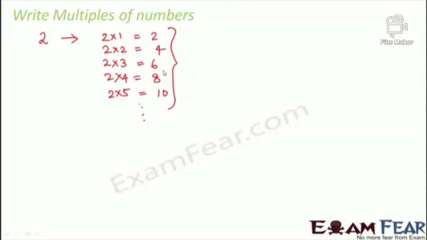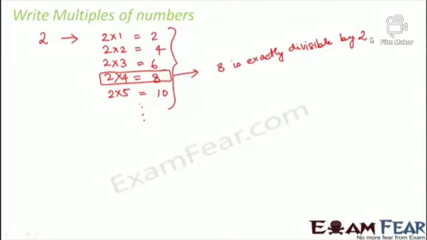Let us take any one example from this. Can you tell me who is a factor and who is a multiple and why? If you take this instance, this means that 8 is exactly divisible by 2. Since 8 is exactly divisible by 2, if you divide 8 by 2, what will you get?